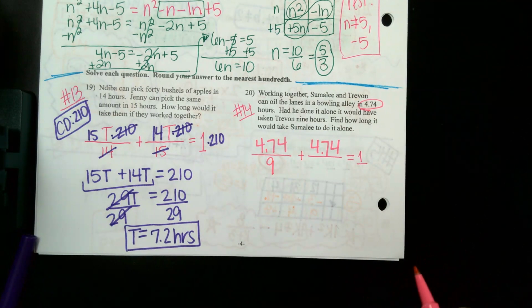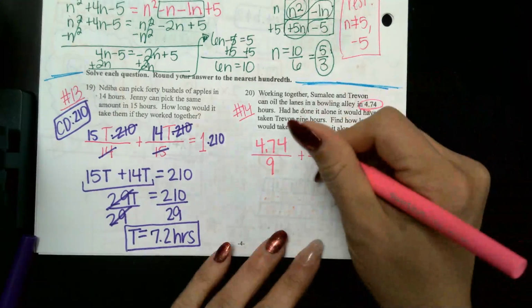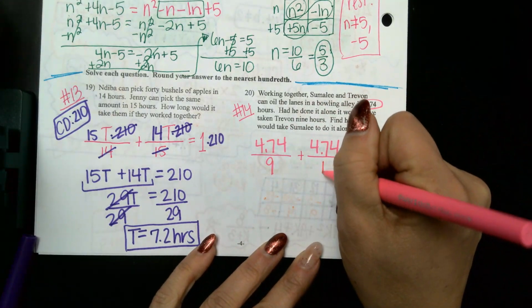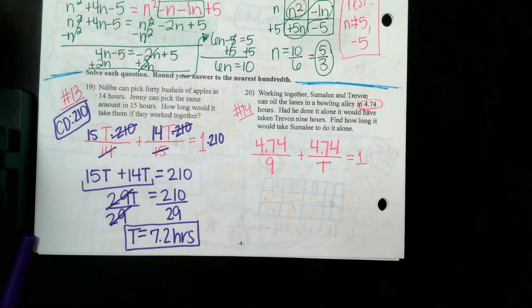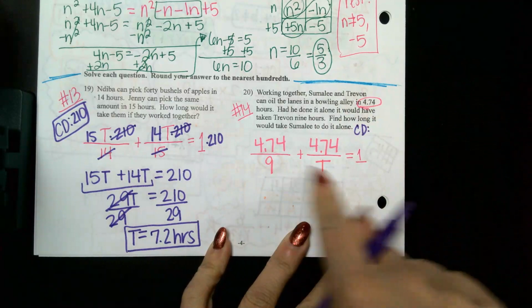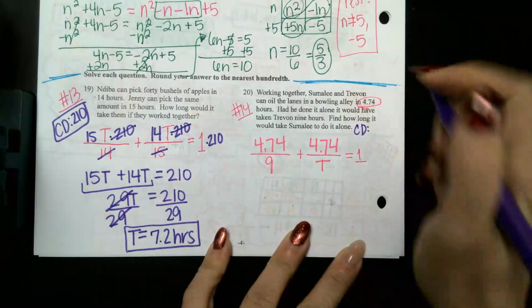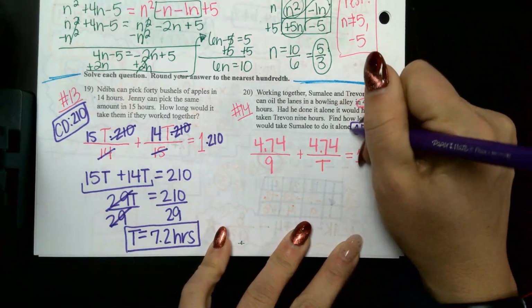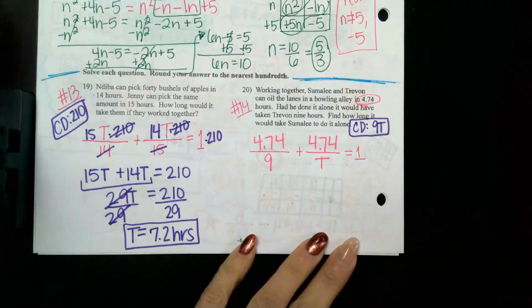And then, I don't know, Sumali or something. We're looking for that time. So you just put the t on the bottom. This common denominator is even easier. 9t, right? 9 times t is 9t. So that's our common denominator.